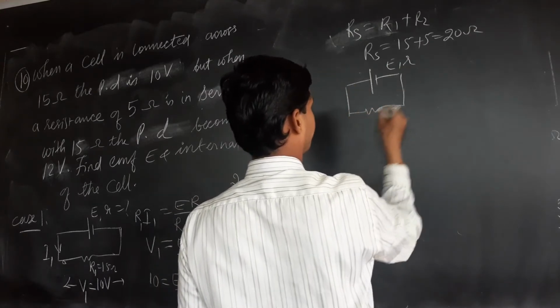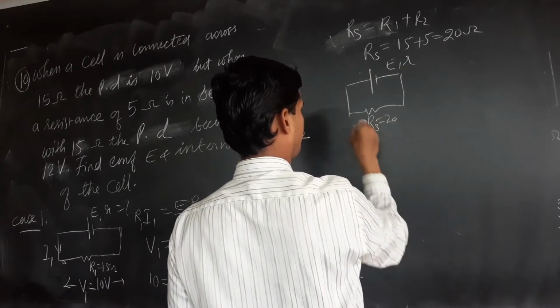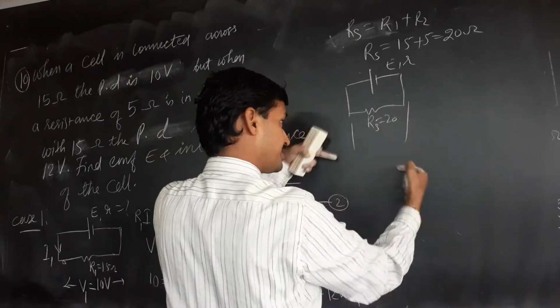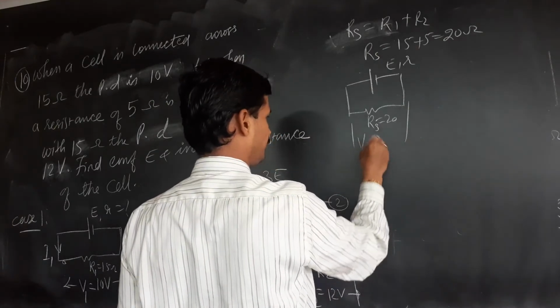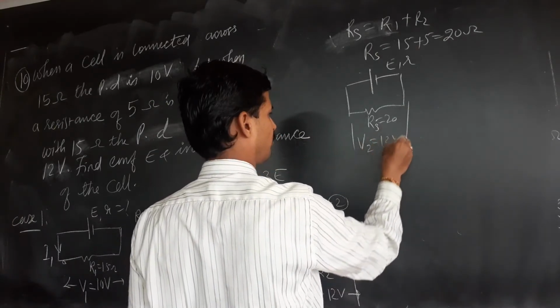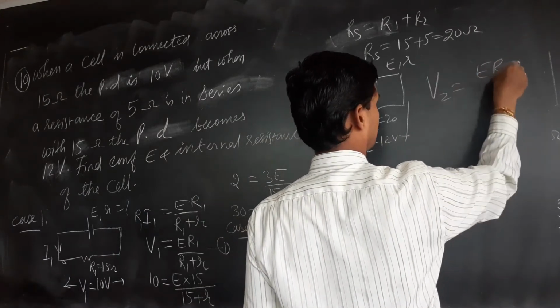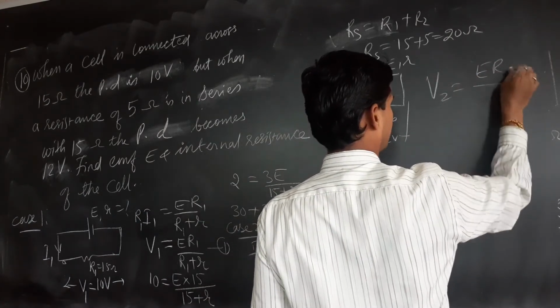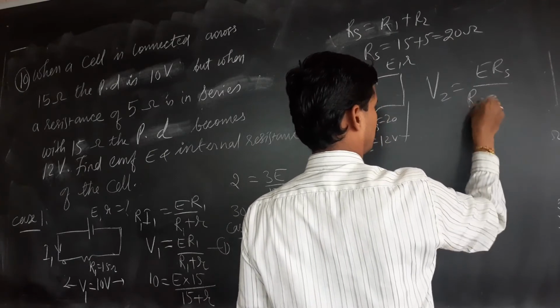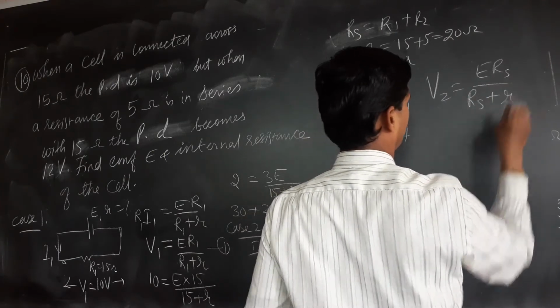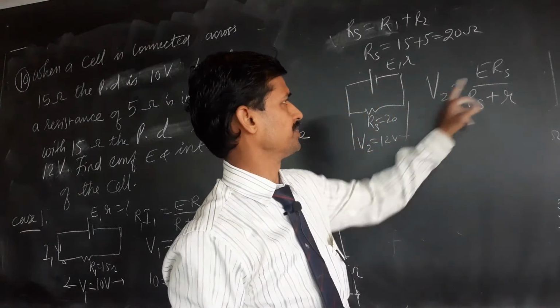What is the value of RS? 20 ohm. What is the potential drop now? V2 is equal to 12 volt. How do you write the V2 formula? E RS upon RS plus r. Same equation.